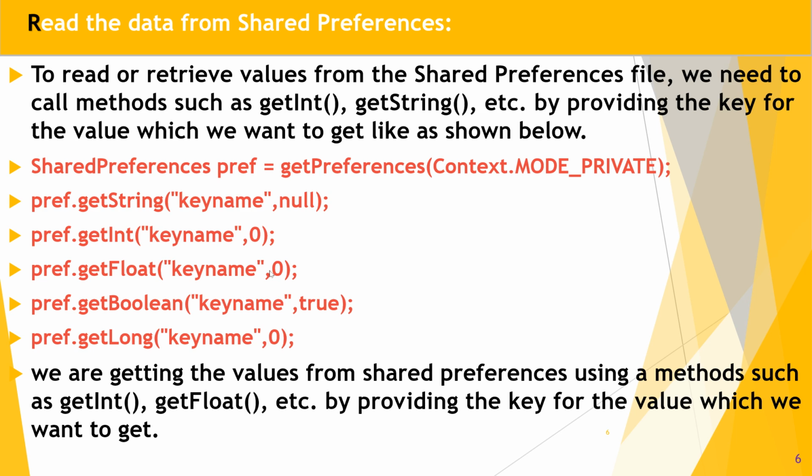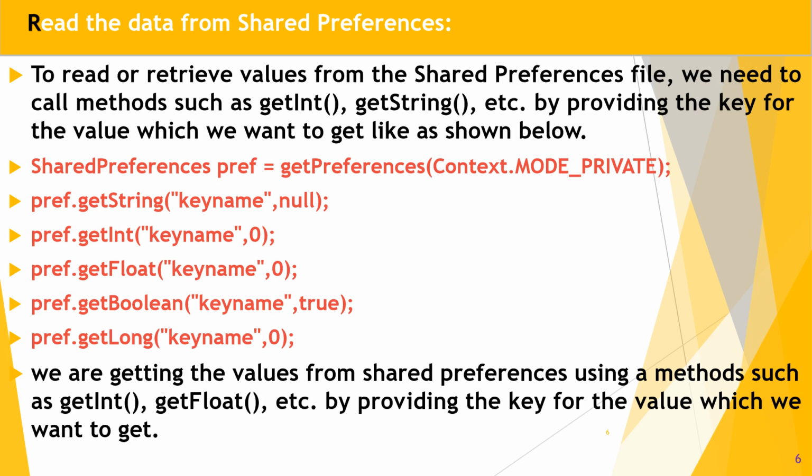We do not need to create the object of editor here while reading data from shared preferences. We only require the shared preference object. So we are getting the values from the shared preferences using methods such as getInt, getFloat, etc., by providing the key for the value which we want to get.